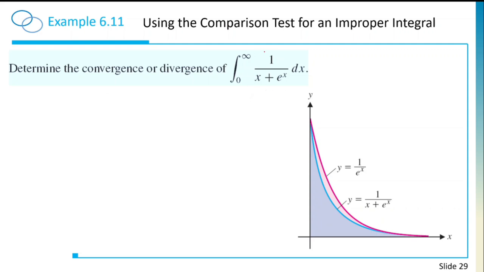If we're unable to do this integration, I'll try to compare it with an easier function. What can I use as an easier one? From this graph, if I think about 1 over e to the power of x, this shows the relation between them. So 1 over x plus e to the power of x is smaller than 1 over e to the power of x.